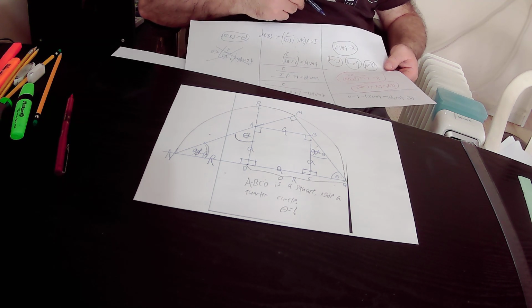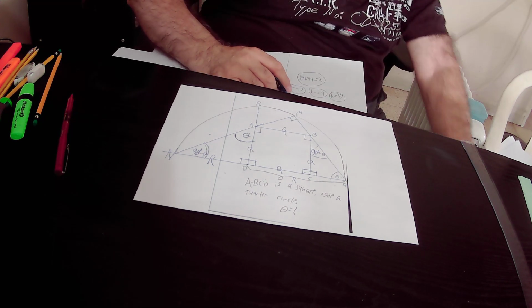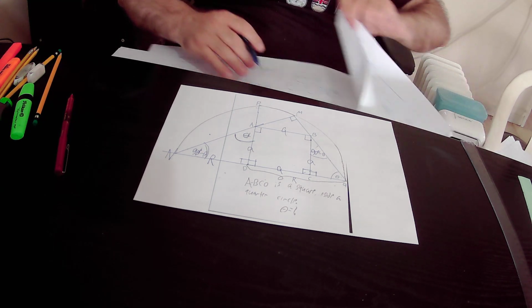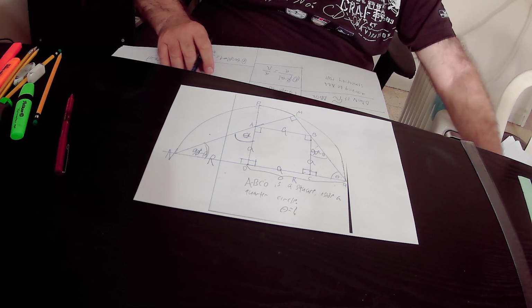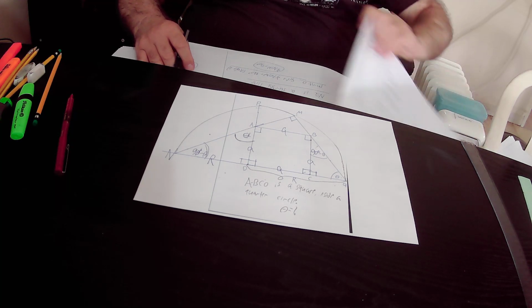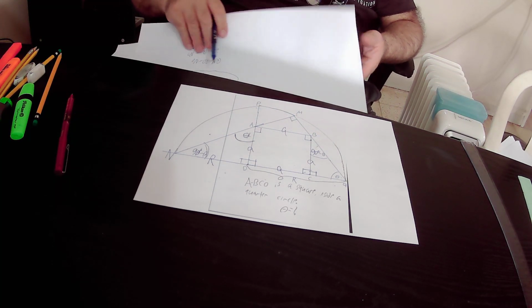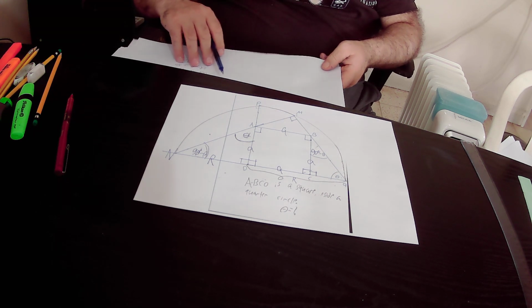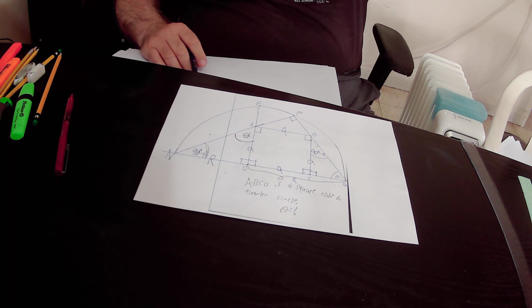So in the next step, I will summarize the lecture. Actually, we wanted to find out the value of this angle theta. We have here a quarter circle.